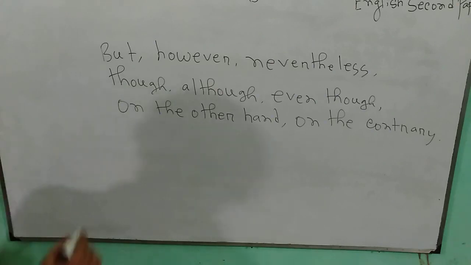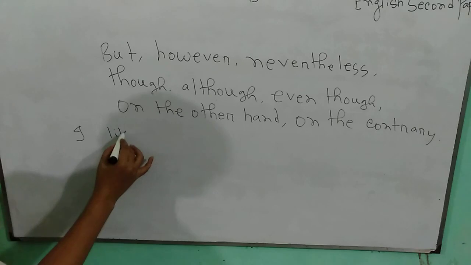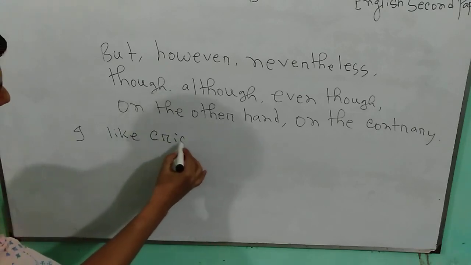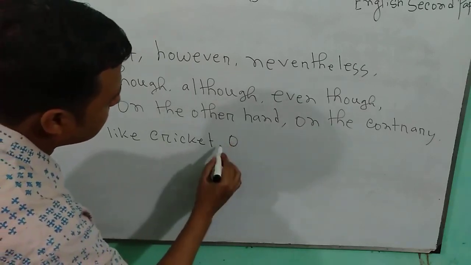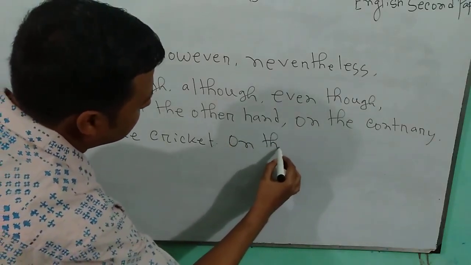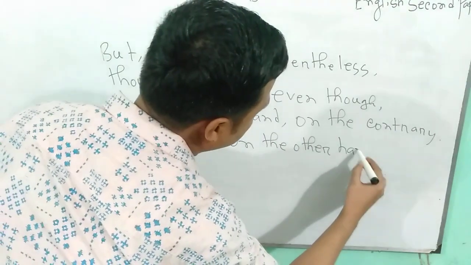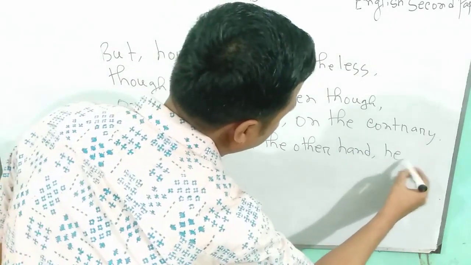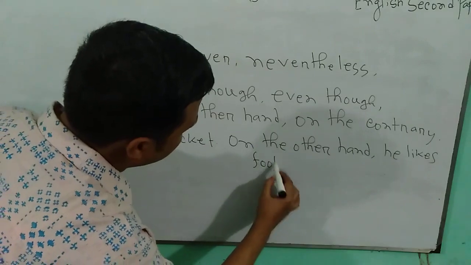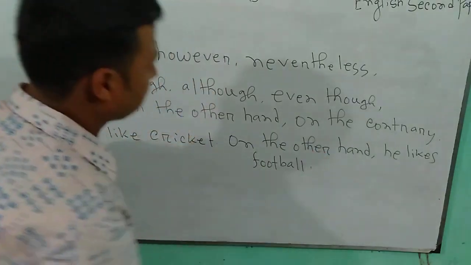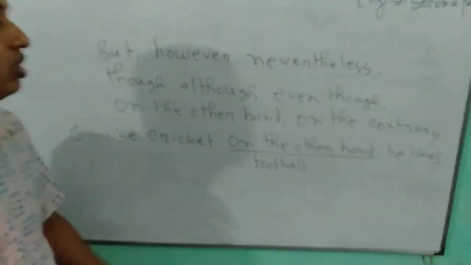As for example, I like cricket. On the other hand, he likes football. On the other hand is a linking word.